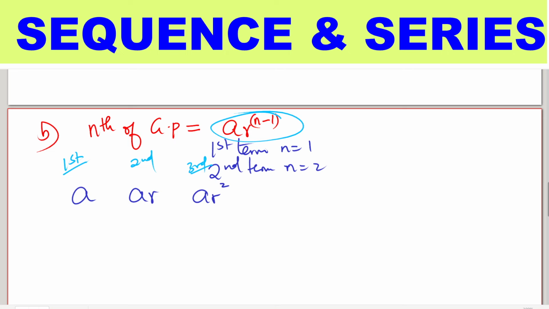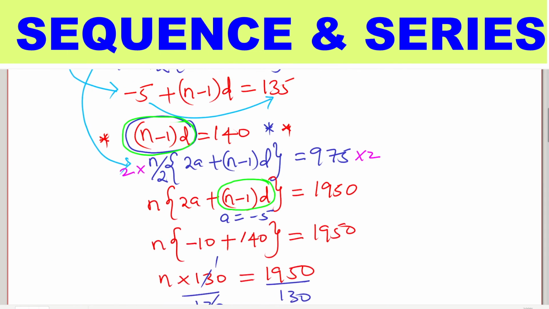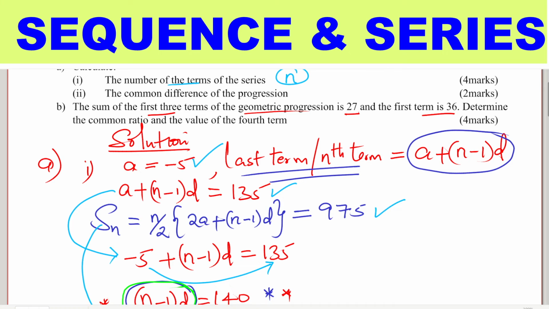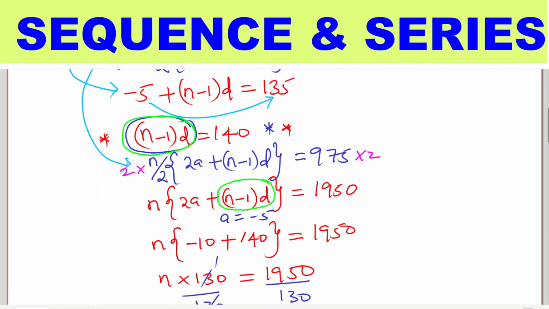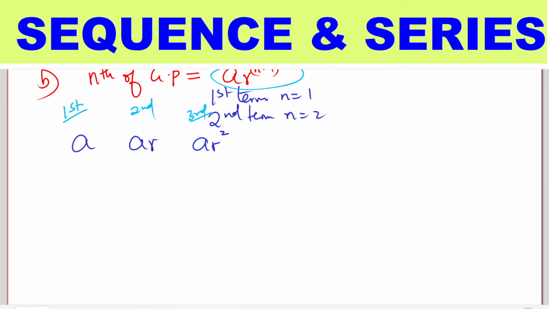So therefore, we're given in this particular question that the sum of the first 3 terms is 27 and the first term is 36. So that means if we add these 3 terms, you'll get 27.